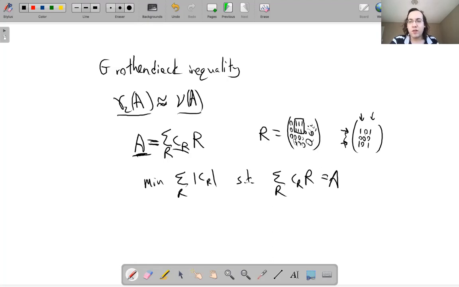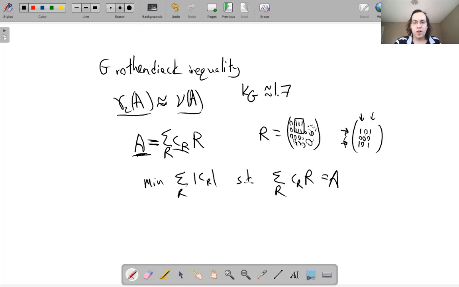In fact, the constant factor is very small. The maximum value of the constant factor is called the Grothendieck constant, K_G. It's roughly 1.7, but we don't know the exact value. So it's less than a factor of 2 away from each other, the gamma 2 norm and this nuclear norm.